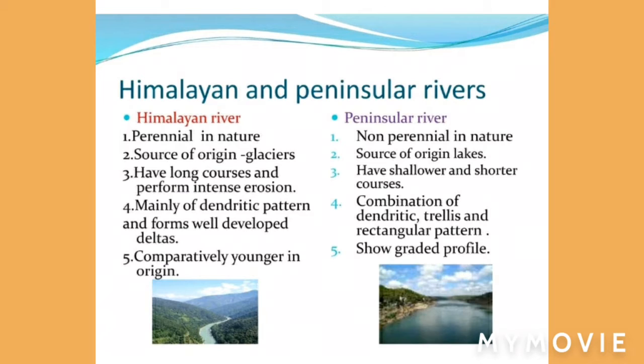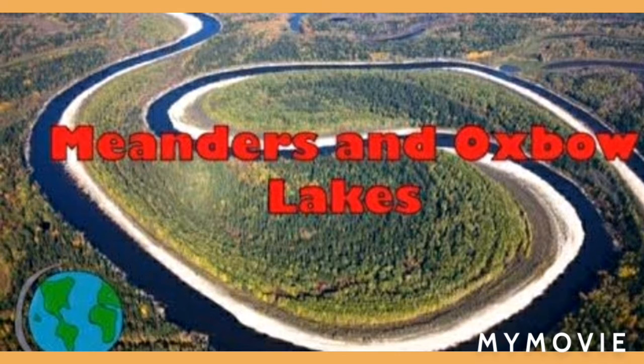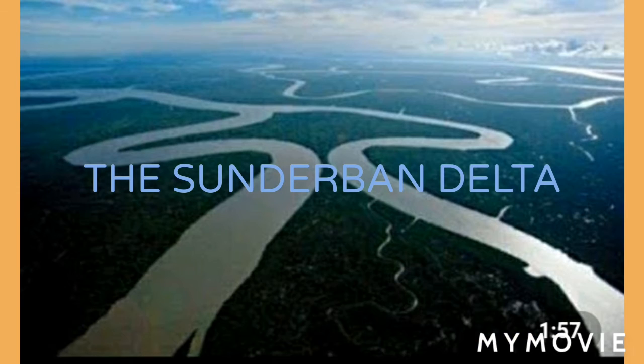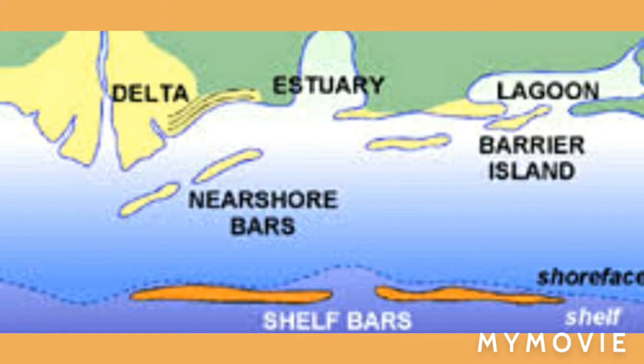Himalayan rivers have long courses and perform intense erosion, whereas the peninsular rivers have shallower and shorter courses. The Himalayan rivers, in their middle and lower courses, form meanders, oxbow lakes, and many other depositional features in their floodplains, and also develop well-developed deltas, mainly the Sundarban Delta, which has been formed by the depositional work of River Ganga and Brahmaputra.